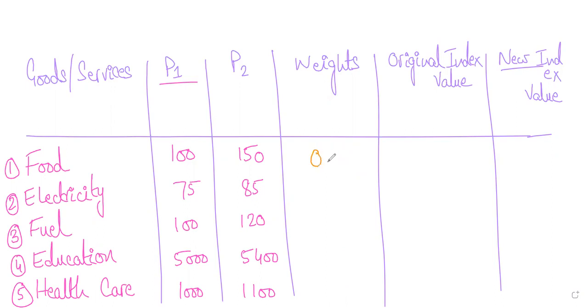So instead of writing 30%, because 30% means 30 divided by 100, how about I just write 0.3, to make things easier. Now electricity, let's say it's not that important, so it's 0.1. Then for fuel, it's a little important, because travel is based on this. I'm just assigning arbitrarily.